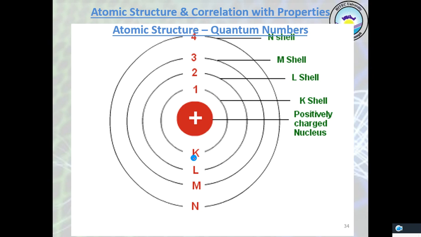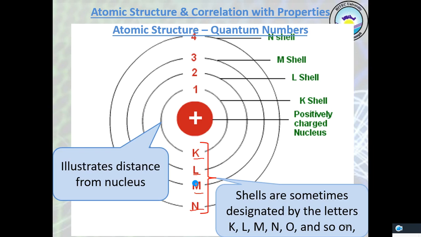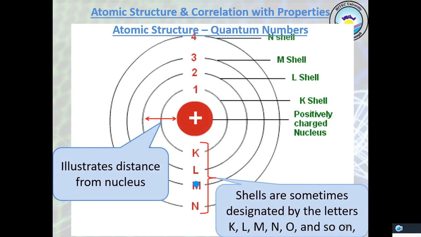You can see we have named the energy levels K, L, M and N, and these shells illustrate the distance from the nucleus. The higher the distance from the nucleus, the higher the energy level. You can say M is a higher energy level as compared to the K shell.